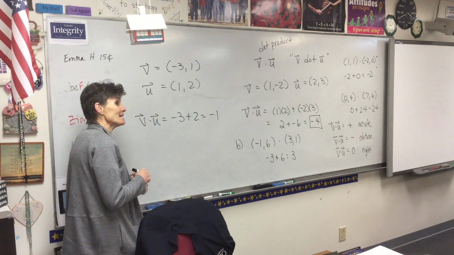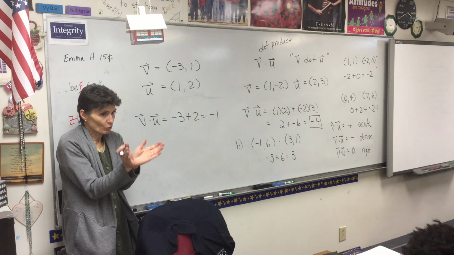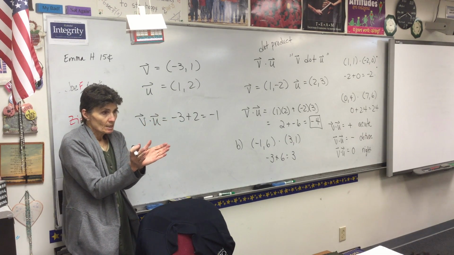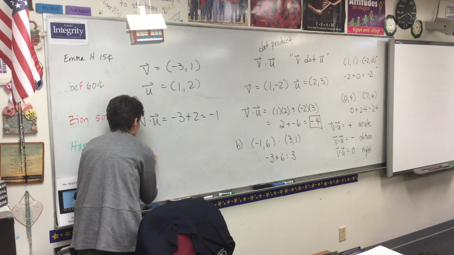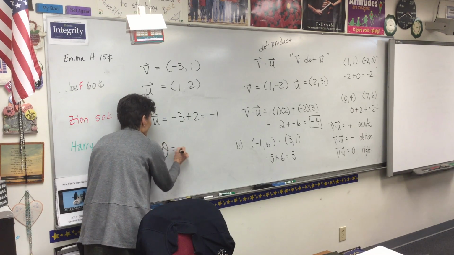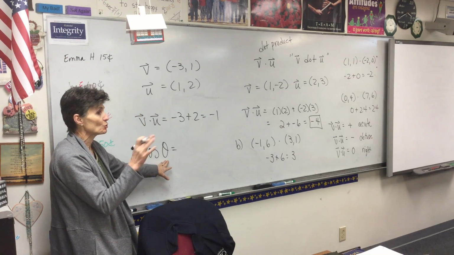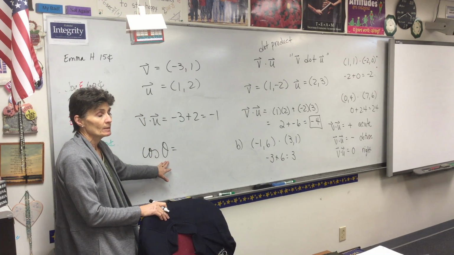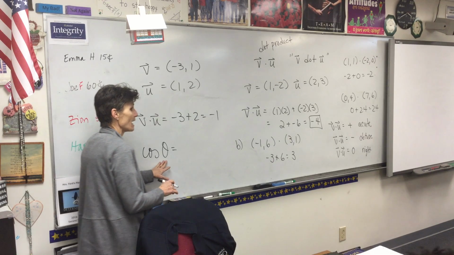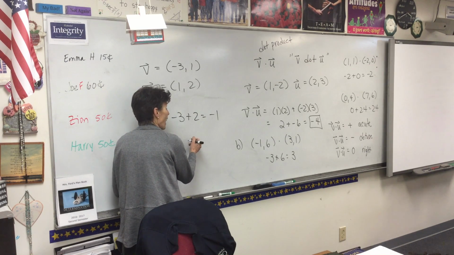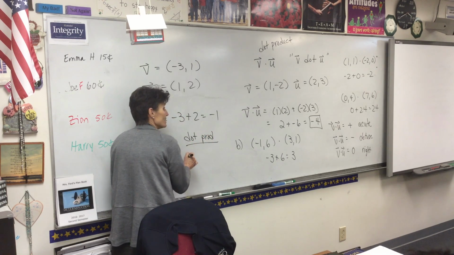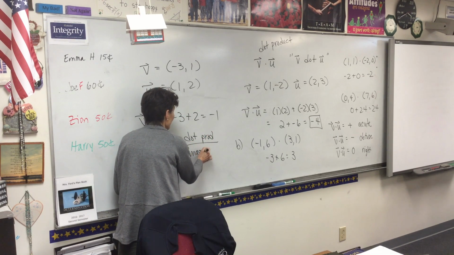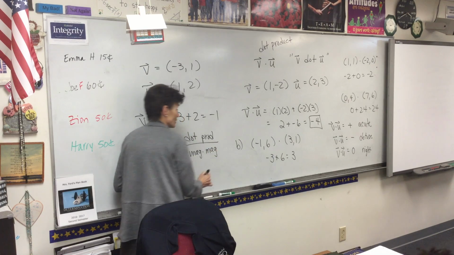Now, to find the angle, here comes a new thing you're going to want to write down. To find the angle, the formula says cosine of the angle, and I'm using theta, but you can use a different letter. The cosine of the angle is the dot product divided by magnitude times magnitude.